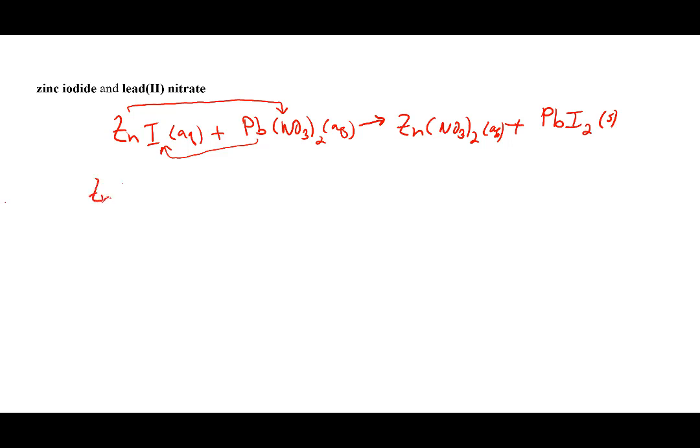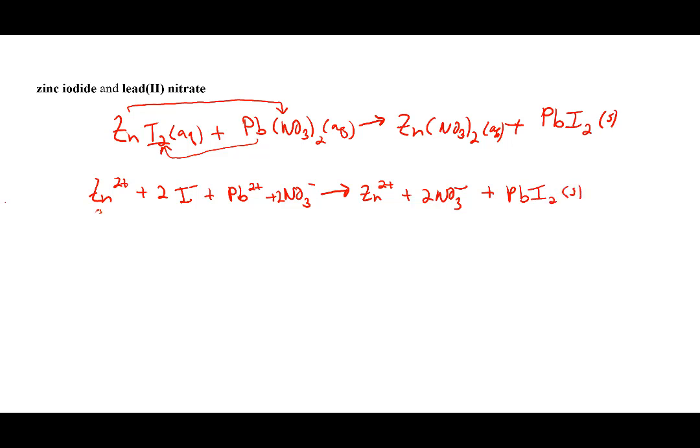So we write out zinc 2+ plus 2I- plus lead 2+ plus 2 nitrates goes to make zinc 2+. We're writing out our full ionic equation now, plus 2 nitrates plus PbI2. Now, because the PbI2 is a solid, it stays together, and all of these other ones are aqueous.